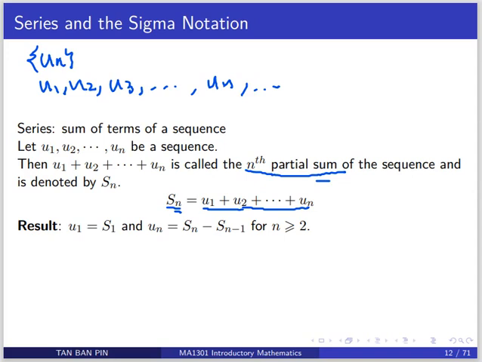And you have these two results, which tell you U1 is actually S1, and Un is actually Sn minus Sn minus 1. So let me explain to you why U1 is S1 and Un is Sn minus Sn minus 1.